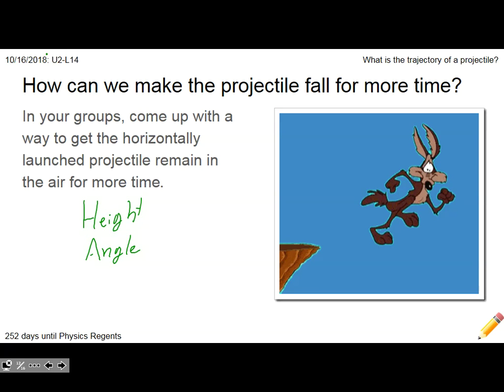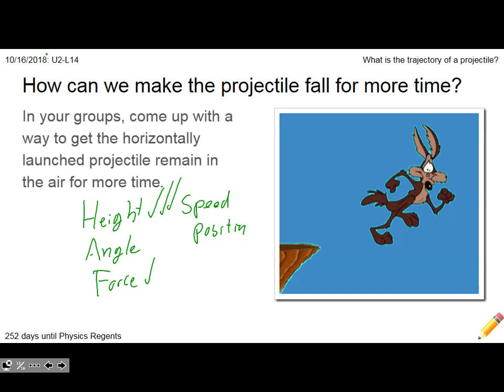Table 3? Force. Table 4? Table 5? Table 6? Table 7? And table 8?